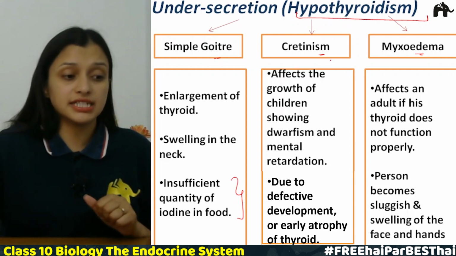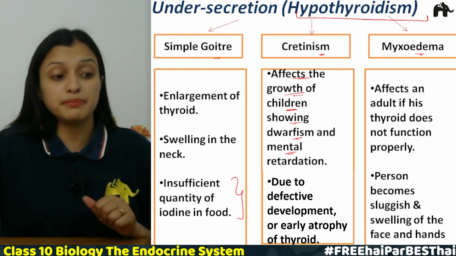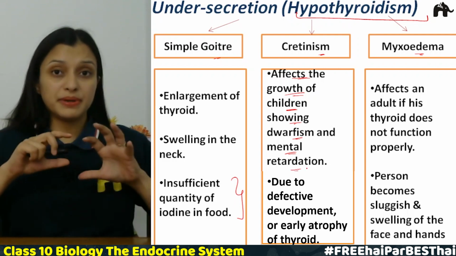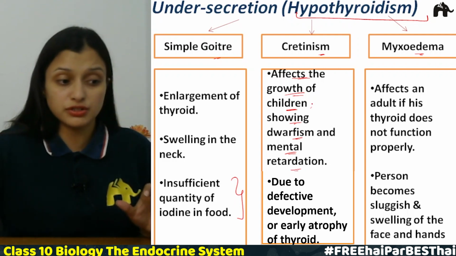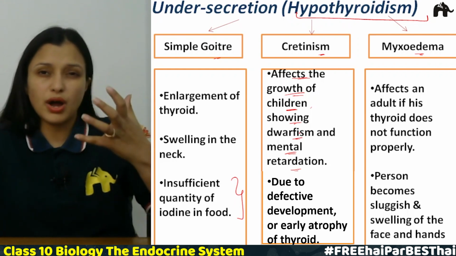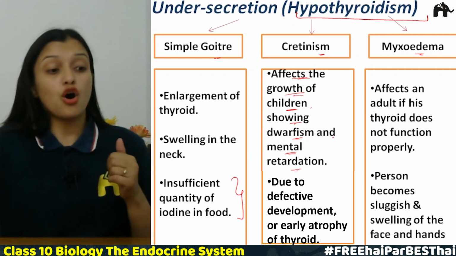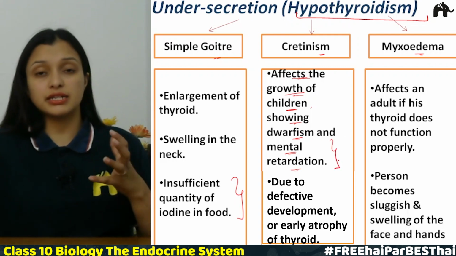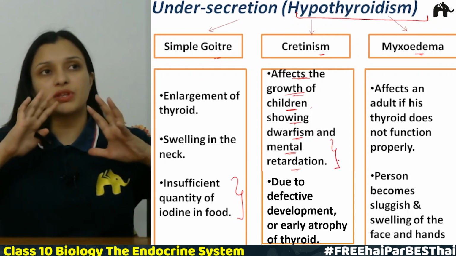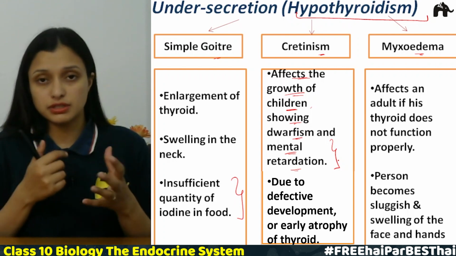The next is cretinism, which affects the growth of children, showing dwarfism and mental retardation. So it basically affects the growth of children, those who have very short stature, who are not tall enough, or they have mental retardation, mentally they are not fully developed, right, or they have certain issues.